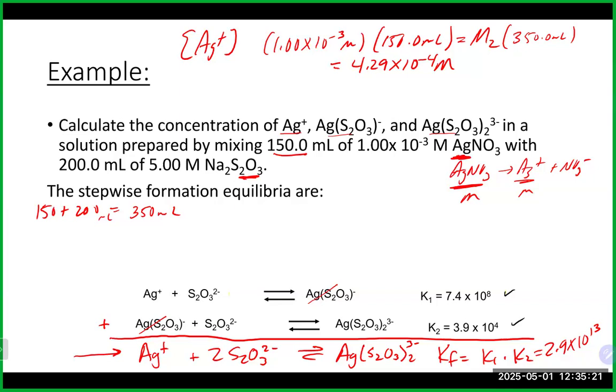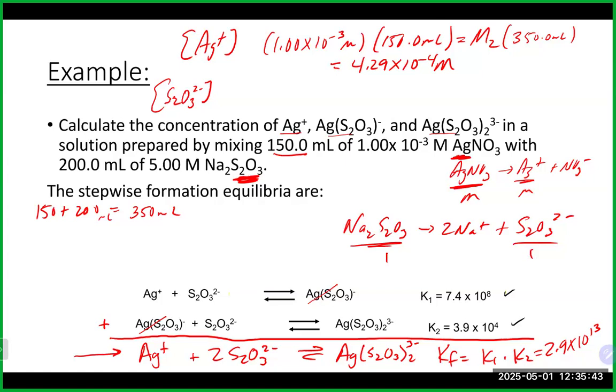We're going to do basically the same thing for our S2O3 2 minus. This again is going to be the source of it. When that breaks apart, you get 2 sodiums and 1 of these. So once again, it is a 1-to-1 relationship between those two. So we could use the concentration of 5 molar for just the ion as well.